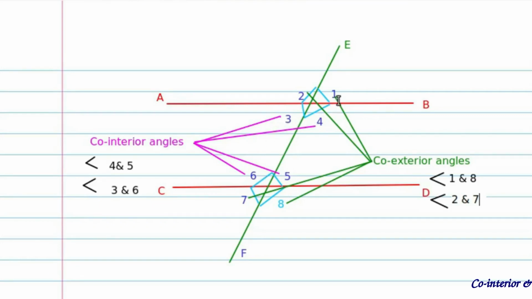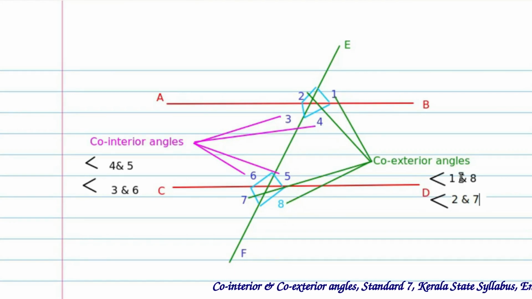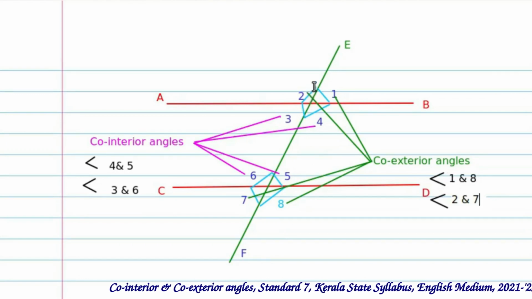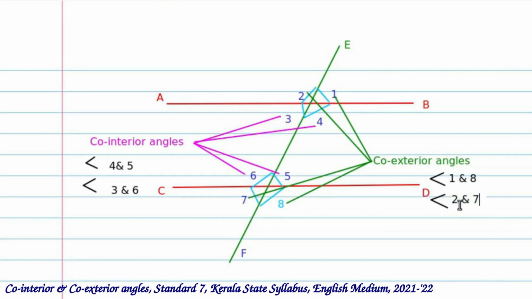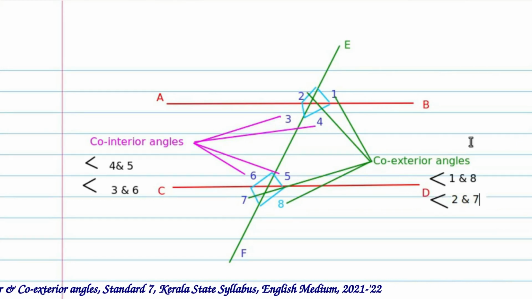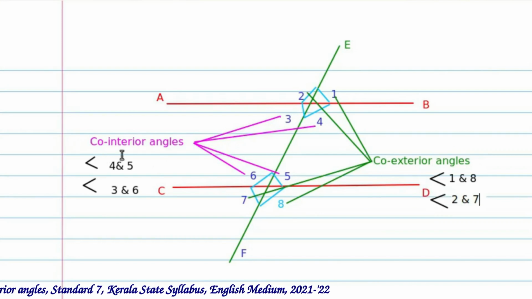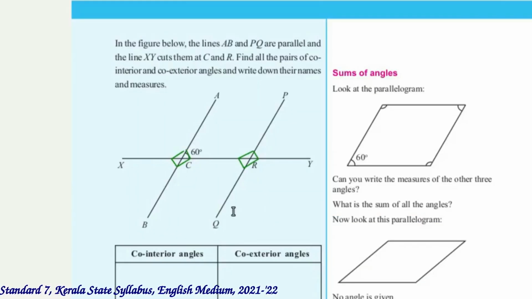Then exterior angles, you can see here angles 1 and 8 on the same side, the right side of this transversal, and on the left side you can see exterior angles 2 and 7. So angles 2 and 7, these are co-exterior angles, and these are co-interior angles. Look at this one.